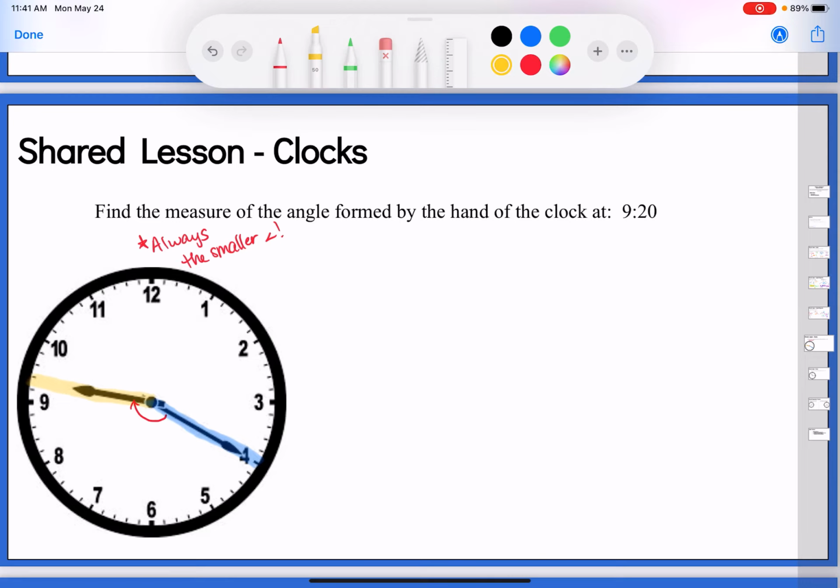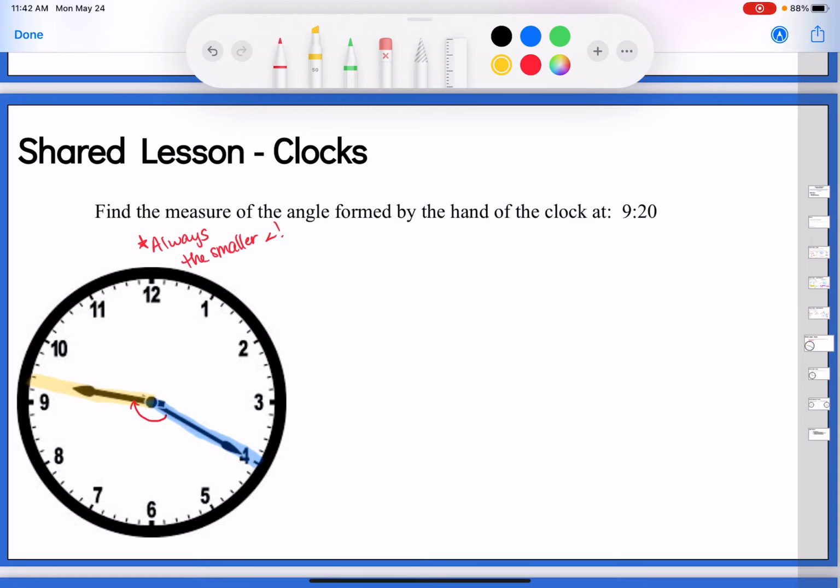And that is going to come into play. But that hour hand slowly moves between the 9 and the 10 as our minute hand goes around. The more the minute hand goes, the closer that hour hand is going to get to the 10 and the farther away it's going to get from the 9. So really think of those hands moving around the clock and which direction they go.